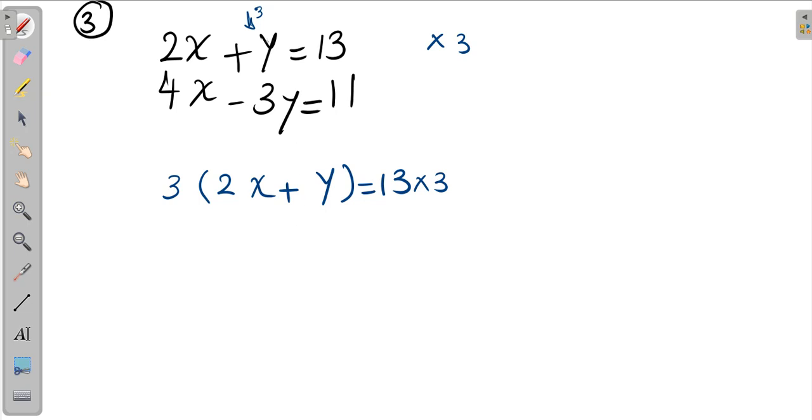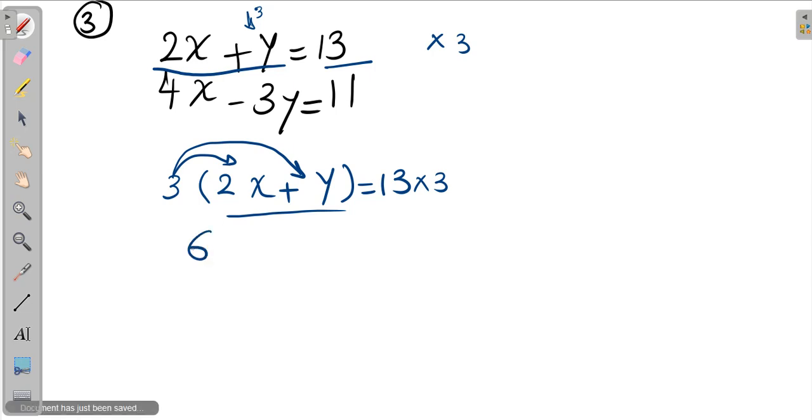First, you have two sides. This side multiply by 3 and this side multiply by 3. This side is containing a box. Let's distribute. 3 times 2 equals 6. 6x plus 3y. 13 times 3 equals 39.